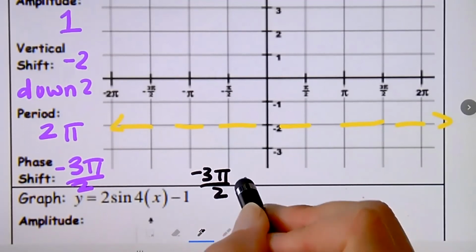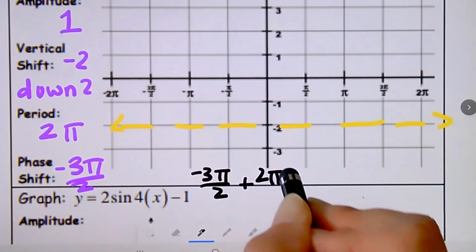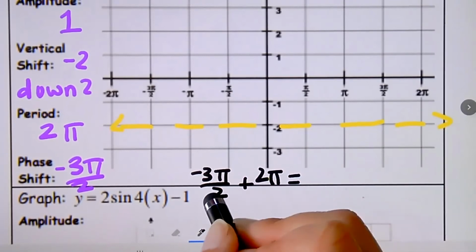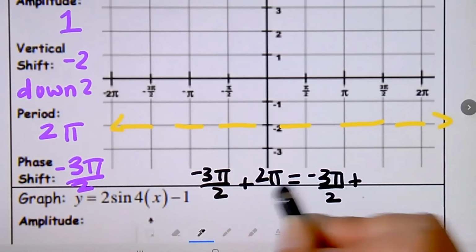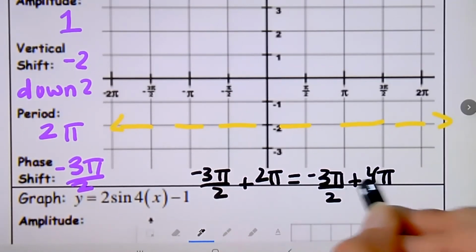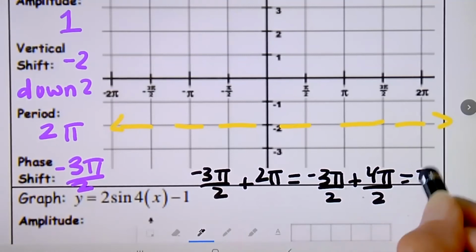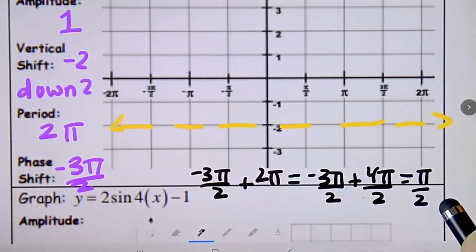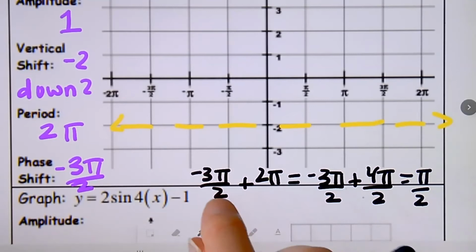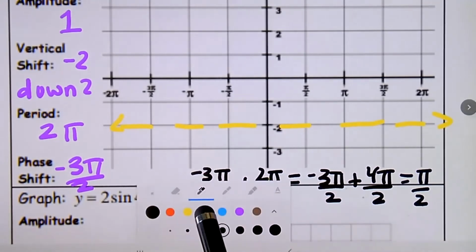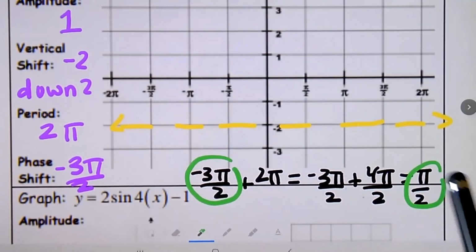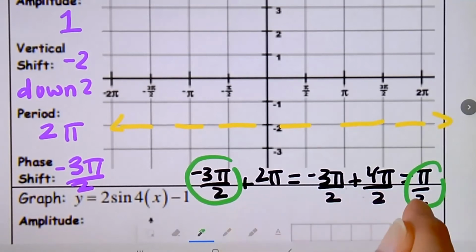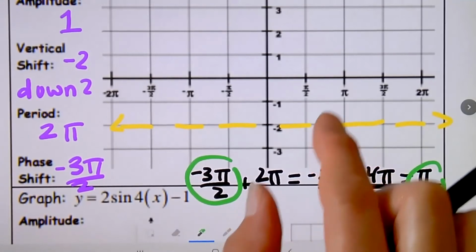And I'm going 2 pi. Now, what is 2 pi in terms of halves? Well, -3 pi halves plus 2 pi is 4 pi halves, and that becomes pi halves. So this is my start, this is my end. I'm going to be starting at -3 pi halves and ending at pi halves, okay?